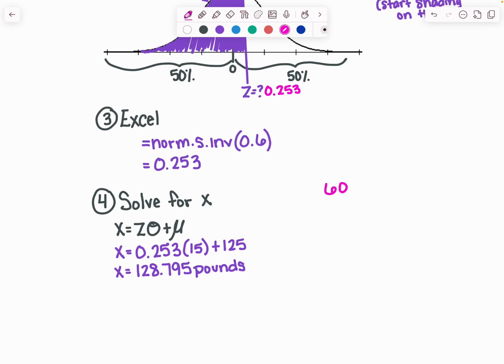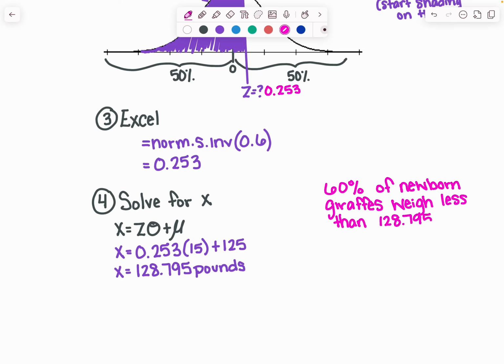So 60% of newborn giraffes weigh less than 128.795 pounds.